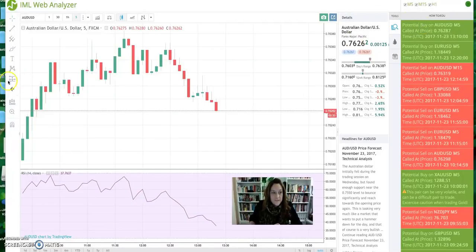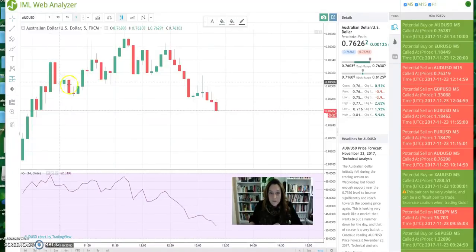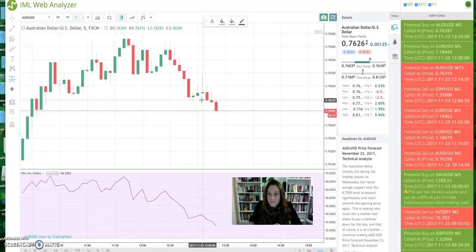Then what I do is I go over here and if it's a buy, you want a long position. If it's a sell, you want a short position. This is a buy, so I get a long position tool. And what I do is I find where this was called. This was called at 1:10 p.m., which is around there.